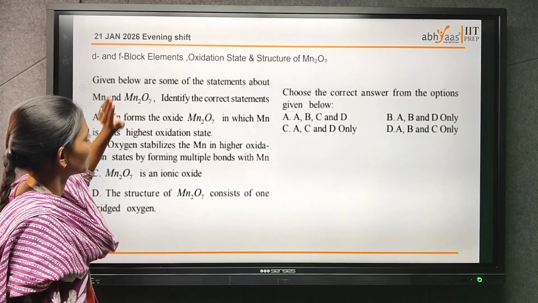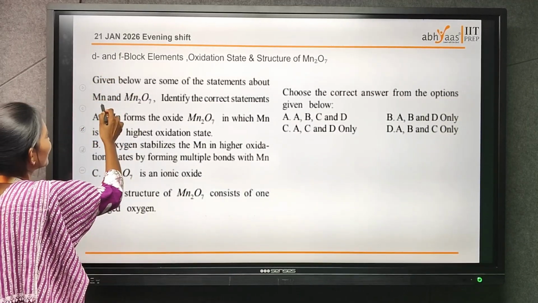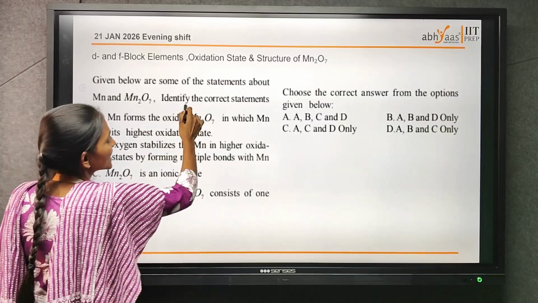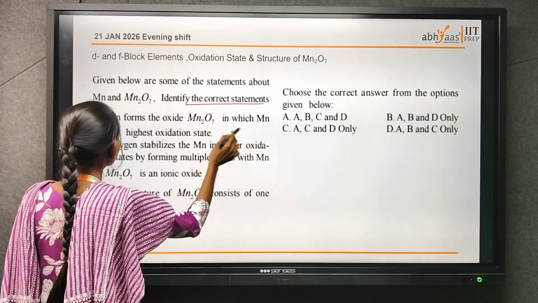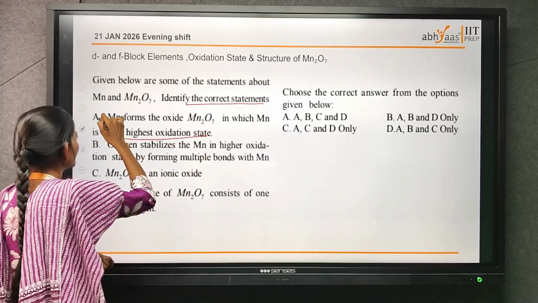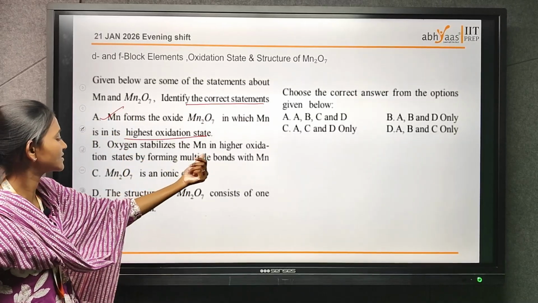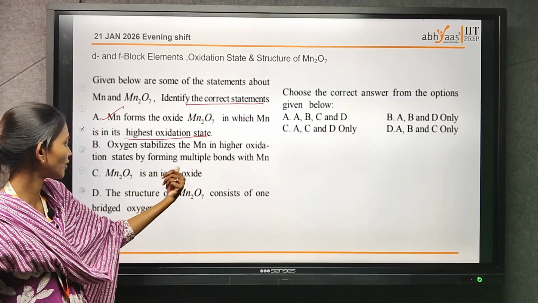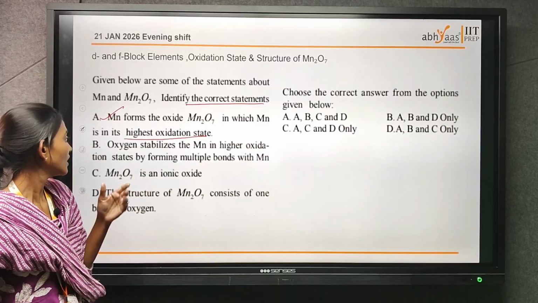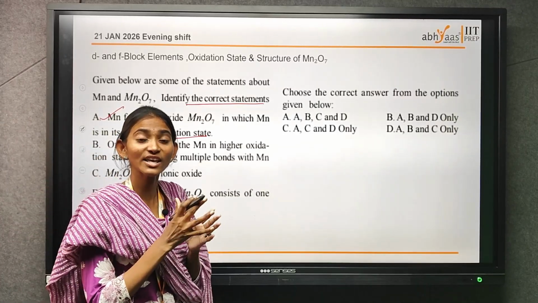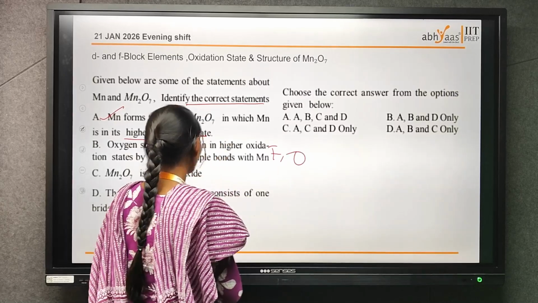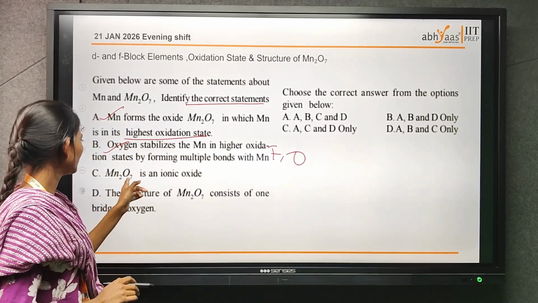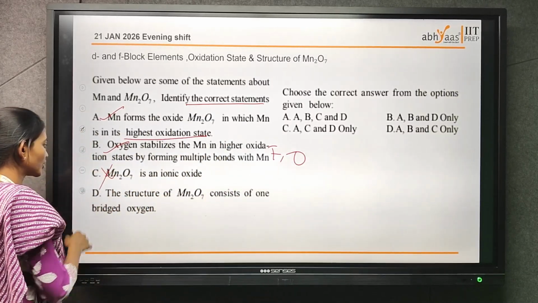They are asking from d and f block, oxidation states. See here, Mn and Mn2O7. They are asking for the correct statements here itself. Mn forms the oxide Mn2O7, which is in its highest oxidation state, yes. And oxygen stabilizes manganese in a higher oxidation state by forming multiple bonds with manganese. Fluorine and oxygen are going to form compounds with higher oxidation states. It is a correct statement. And Mn2O7 is an ionic oxide, not at all.